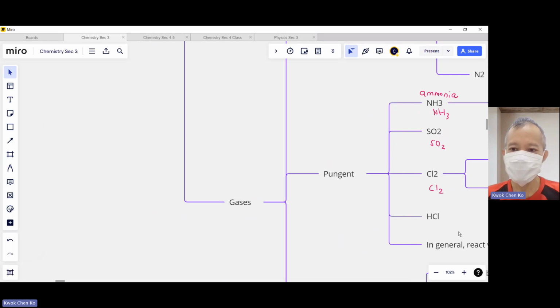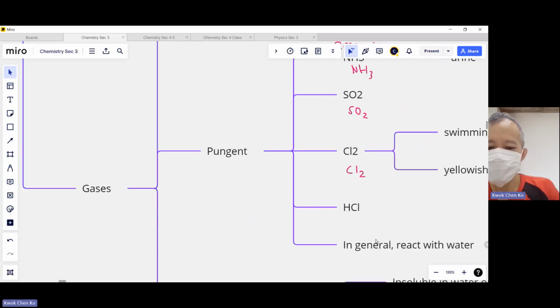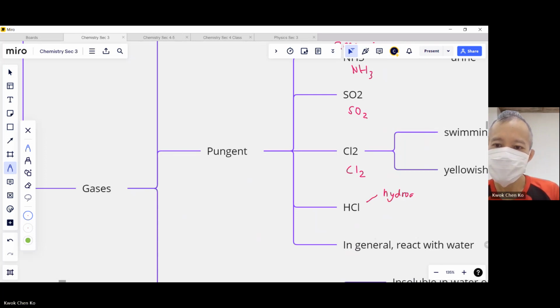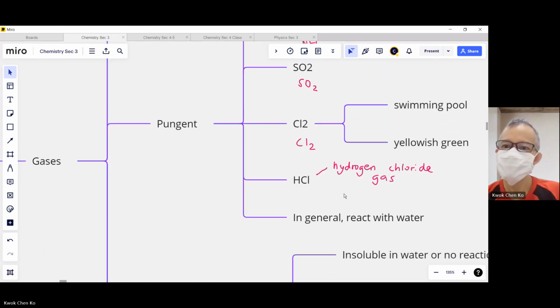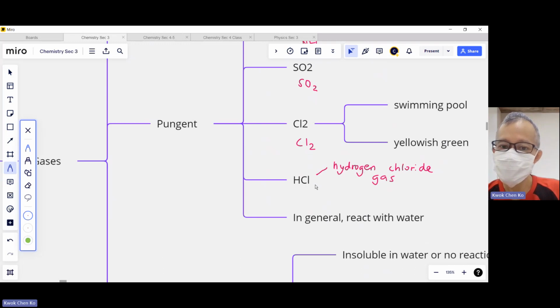Not wrong, but the name is actually hydrogen chloride. It's a gas, of course, but it can dissolve in water easily. Once you have water, it will turn into hydrochloric acid.